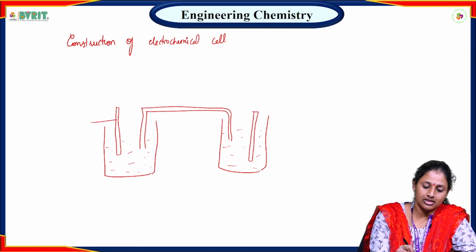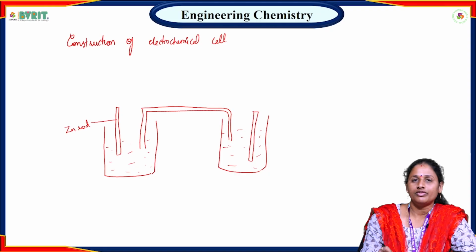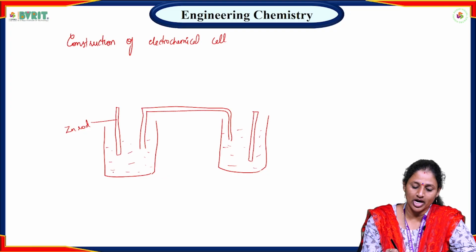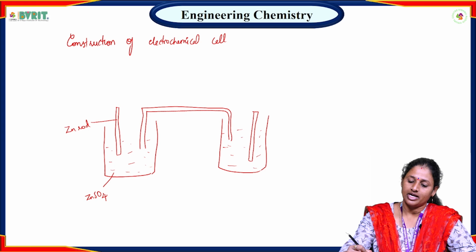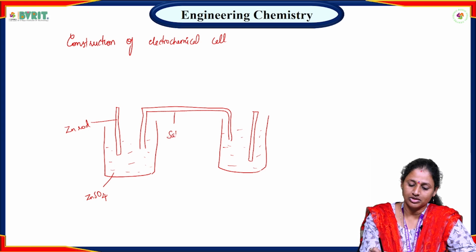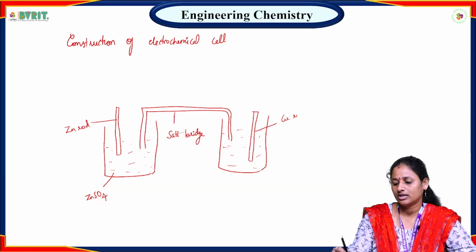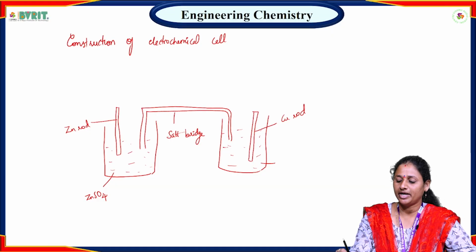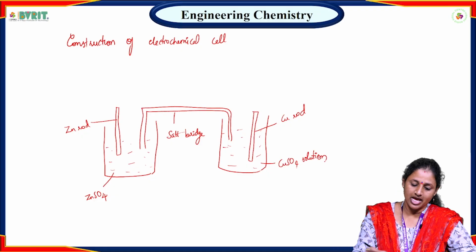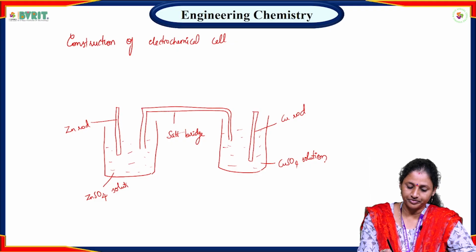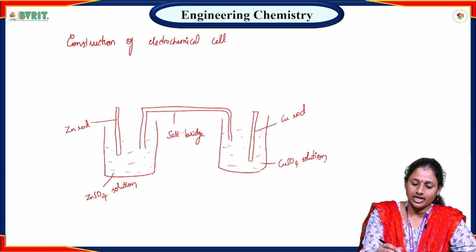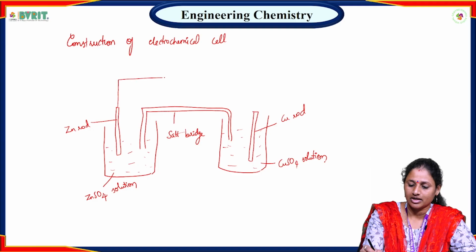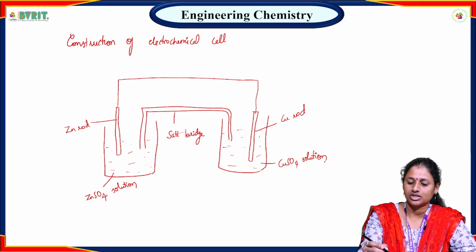So this is Zn rod, which is immersed in an electrolytic solution, that is ZnSO4. And this is salt bridge. This is copper rod, which is immersed in an electrolytic medium of copper sulfate solution. So these are the aqueous solutions. And these are connected in a circuit.